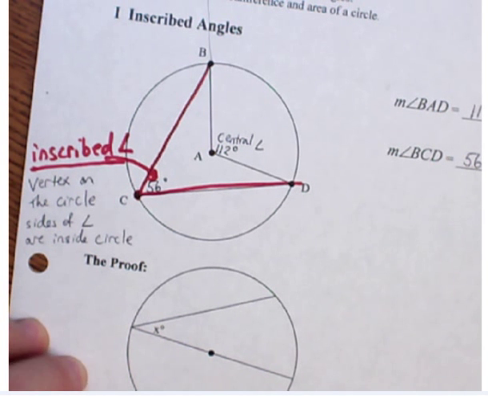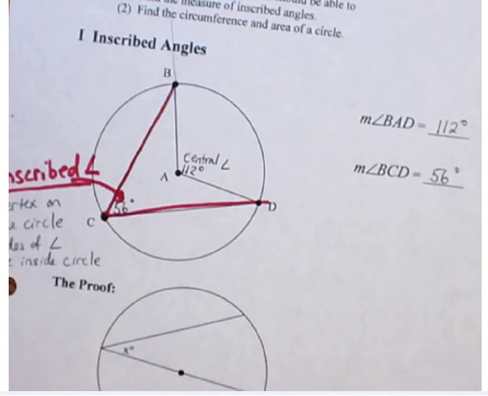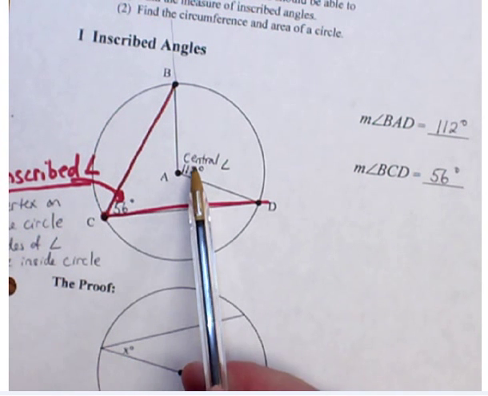So we're going to be talking about inscribed angles today. Now, I want to show you a proof. It looks like from our measurement that the inscribed angle is half of the central angle.